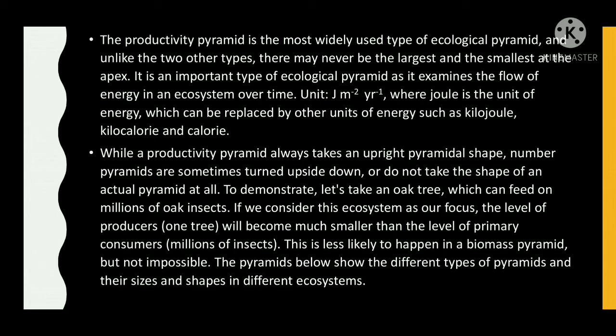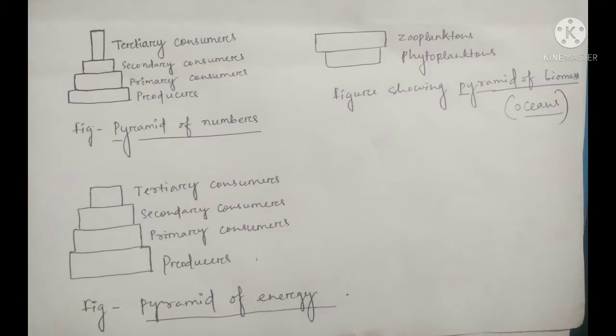This is less likely to happen in a biomass pyramid, but not impossible. The pyramids below show the different types of pyramids and their sizes and shapes in different ecosystems. These are the diagrams that show the pyramid of numbers, pyramid of biomass and pyramid of energy.